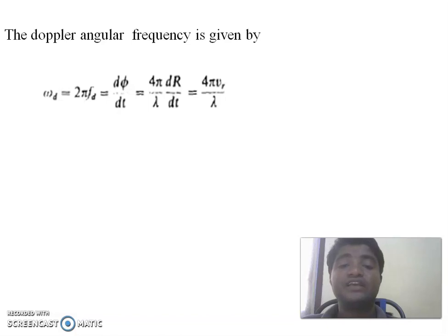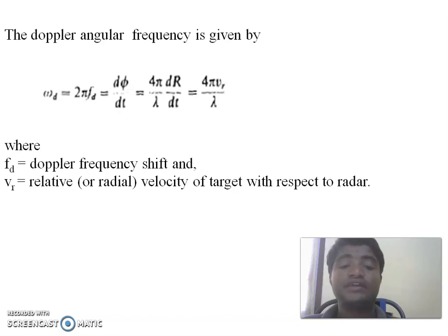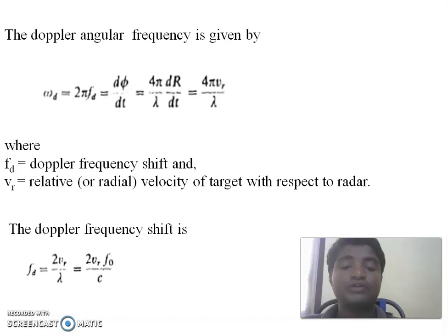Therefore, omega d equal to 4 pi vr by lambda, where fd is Doppler frequency shift and vr is the relative velocity of the target. And then by cancelling 2 pi and 2 pi, we can get fd equal to 2 vr by lambda. It is called the Doppler frequency shift.